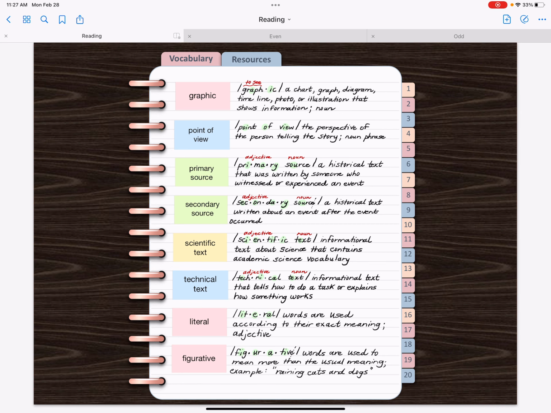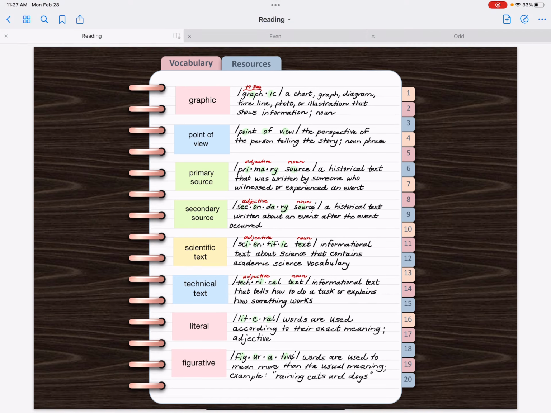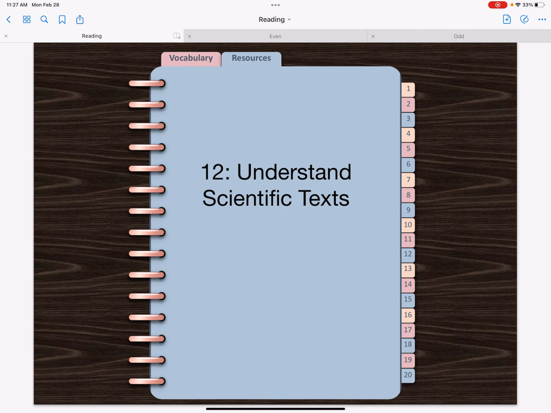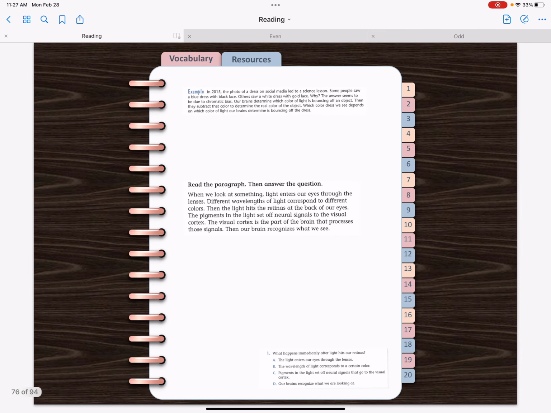So this is chapter 12 of your reading book, and it's called Understand Scientific Texts. And we are looking at, get on the right page, page 34 in your reading book.